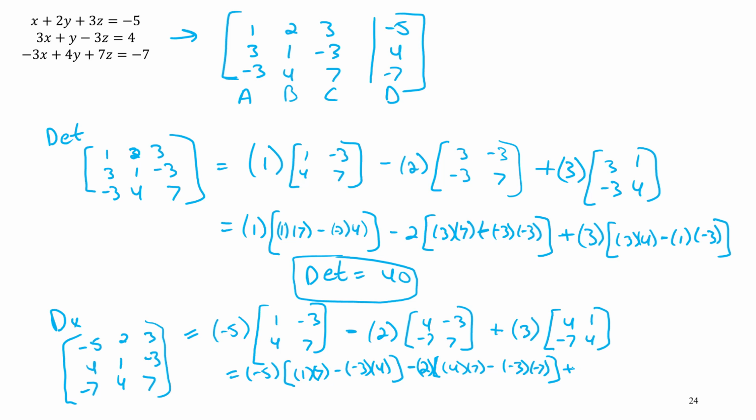Plus 3, you would get 4 times 4 minus 1 times negative 7. And plugging that in your calculator, you would find that d of x would equal negative 40.